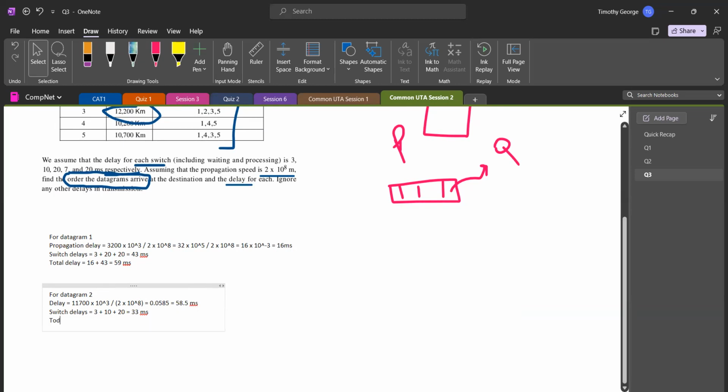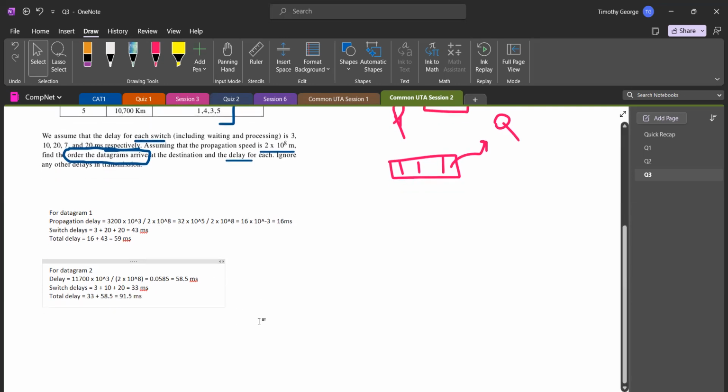The total delay is 33 plus 58.5, which is 91.5 milliseconds.